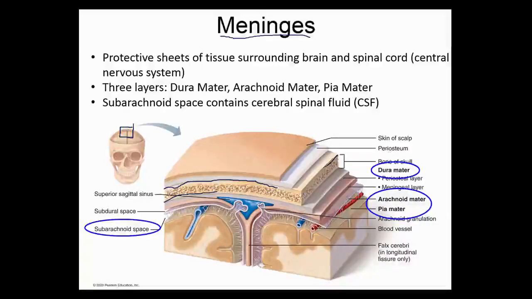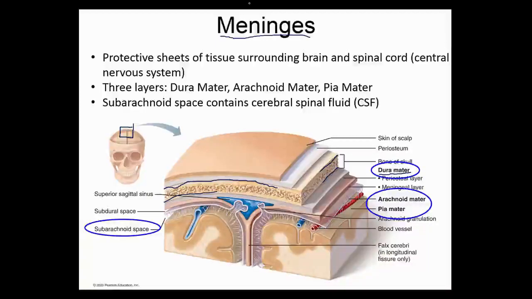So here's our bone on this cut side, and our outermost layer is what's called the dura mater. We have dura mater right here. Dura mater really means tough mother. It is the thickest, and it provides the most protection of the three meninges.